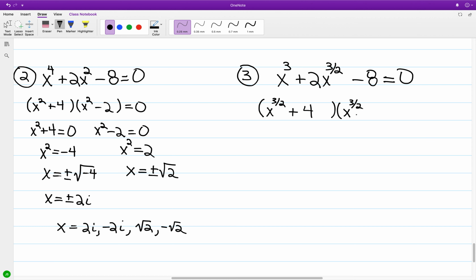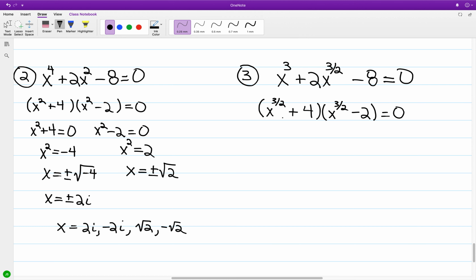So you have x to the 3 halves plus 4 quantity, and I have x to the 3 halves minus 2 is equal to 0.